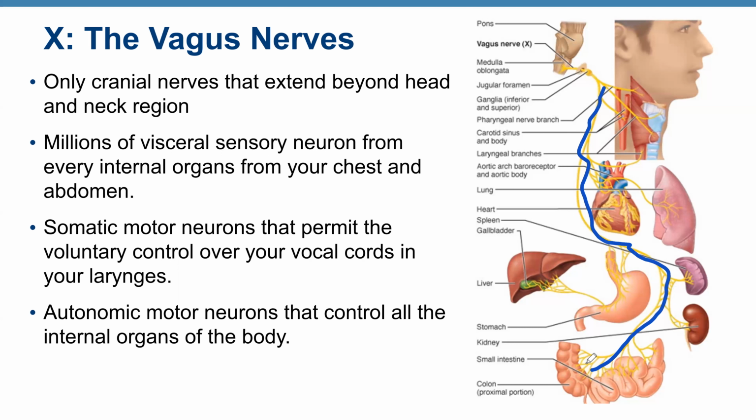All the sensory information moves to your brain through the vagus nerve. And you do have some motor neurons that control the contraction of your stomach, intestine and gallbladder, right? The vagus nerve is called the major parasympathetic nerve of the body. So this nerve fires when you relax, and it controls your internal organs.